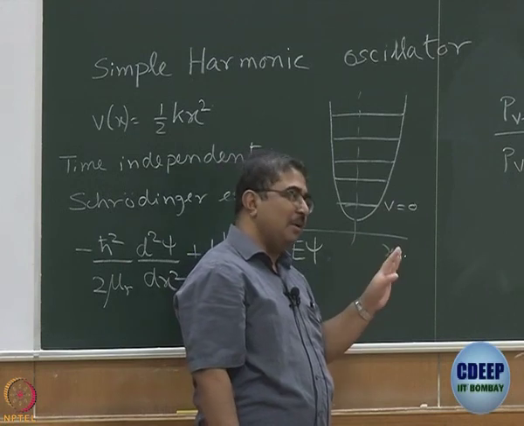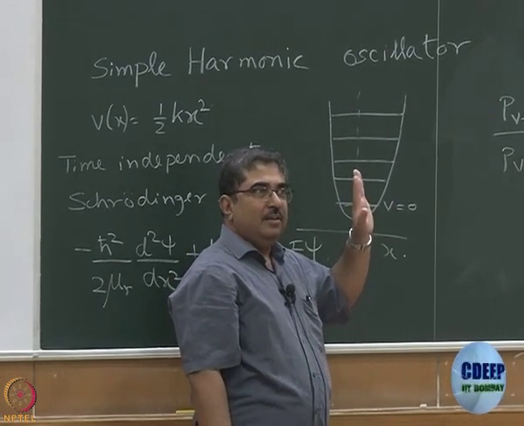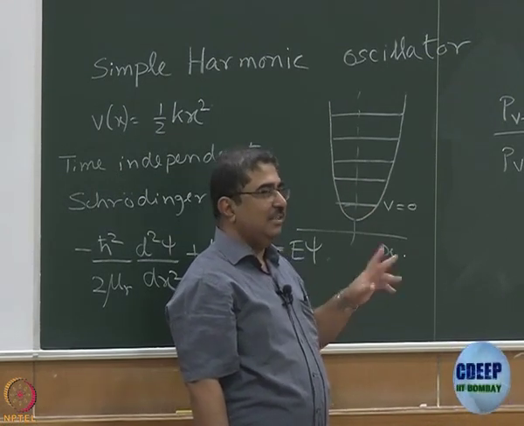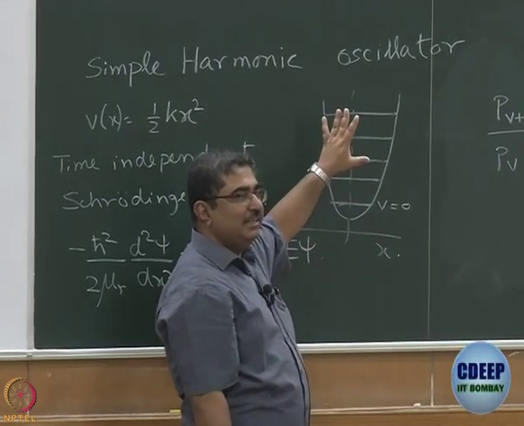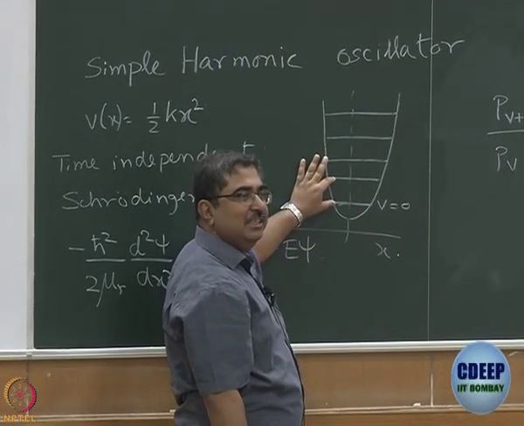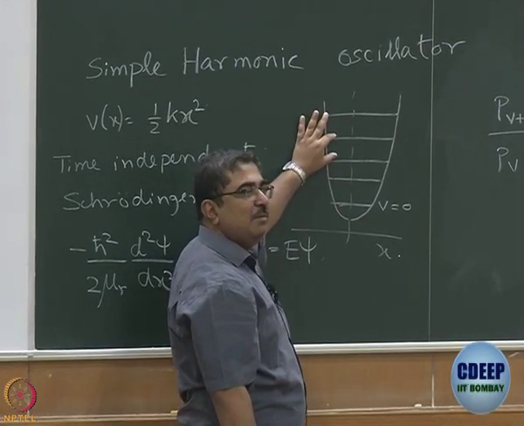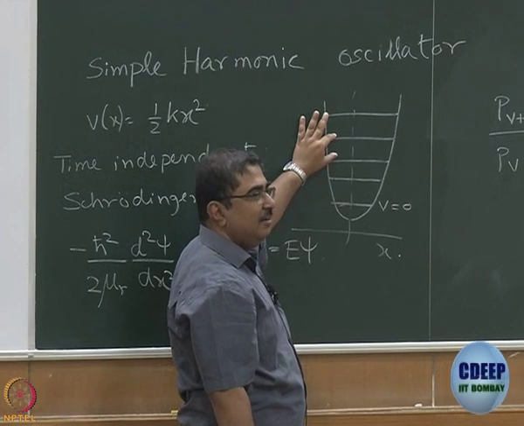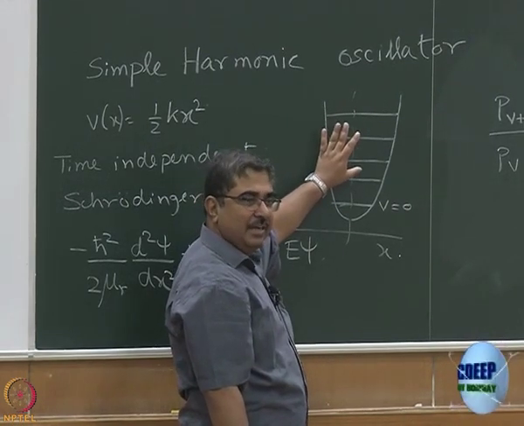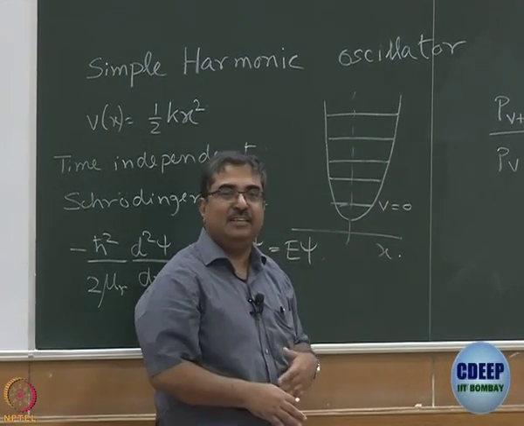This becomes more important when we talk about an anharmonic oscillator, because in anharmonic oscillator the energy gaps are not one and the same. Here see, if there is a transition between these two and if there is a transition between these two, would you be able to differentiate? No, right, because energy gaps are all the same, right. If there is a transition from here to here, of course it will be different, but as we will see, that is not allowed.